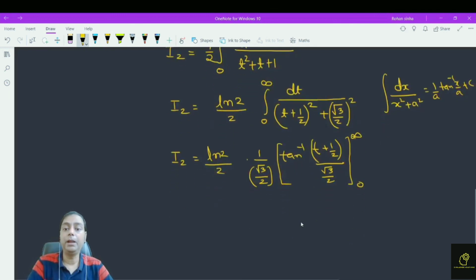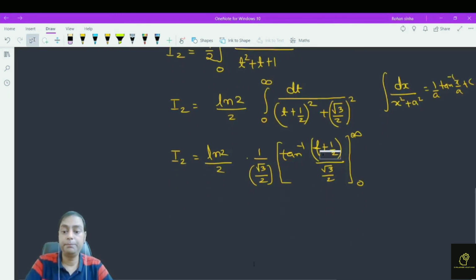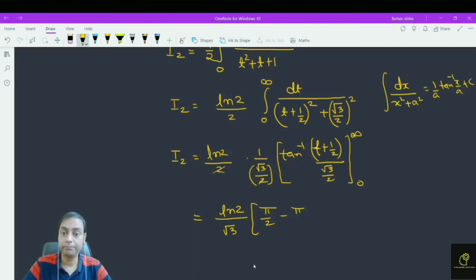Now putting in the upper limit and lower limit, we find log 2, the 2 and 2 cancel out, by root 3, tan inverse of infinity is pi by 2, minus pi by 6. So this is pi upon 3 root 3 times log 2. So this is the final result.